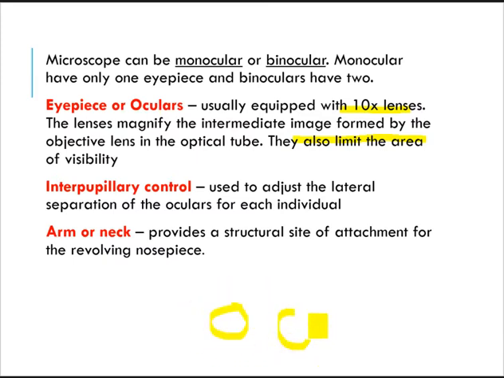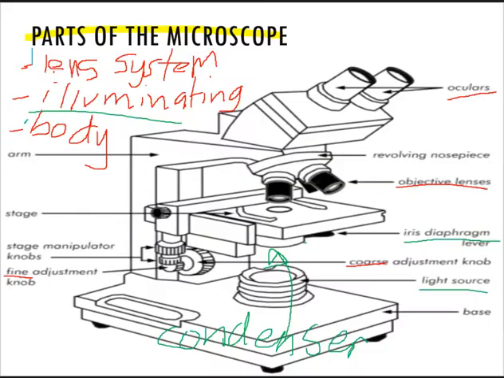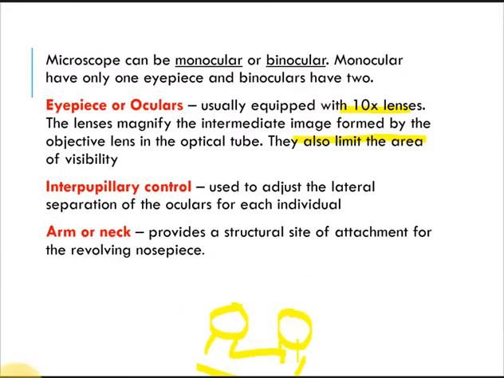So here we have your oculars, and somewhere here you can make the distance wider or narrower.